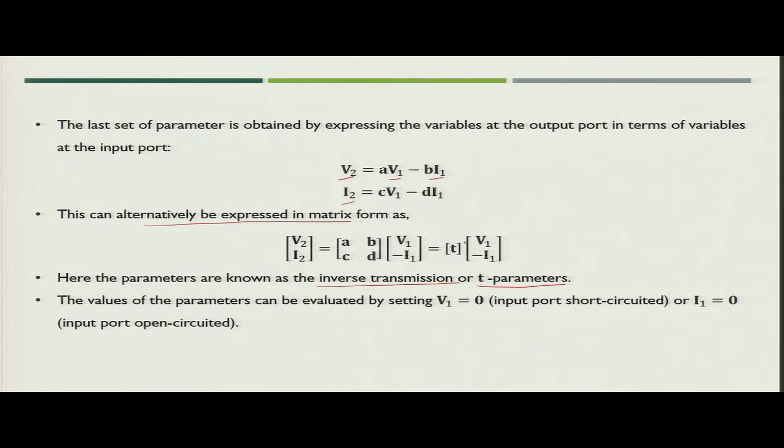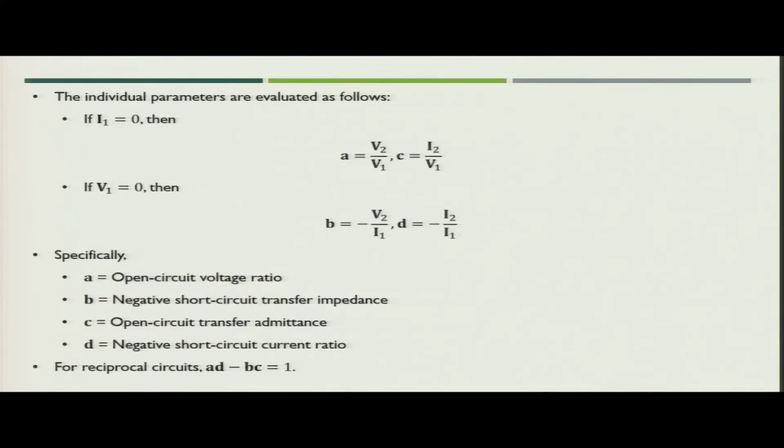Now, how will you find out the values? You will apply the same criteria which we used in the case of transmission parameters. Here the values of the parameters can be evaluated by setting V1 equal to 0, that means the input port is short circuited, and I1 equal to 0, that means the input port is open circuited.